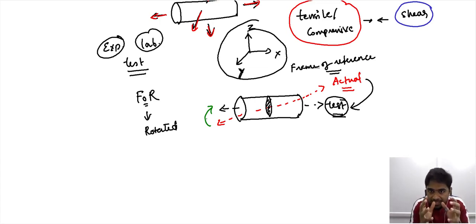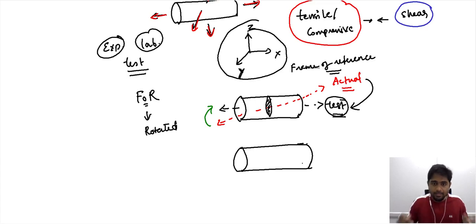Since our focus is on the mechanical condition, we will consider the shape of the sample as it is. We will not be realigning the entire sample. All that we will be doing is realigning the direction of the loading. When you realign the direction of loading, the actual loading condition is something similar to what we have dealt with in the previous lecture.